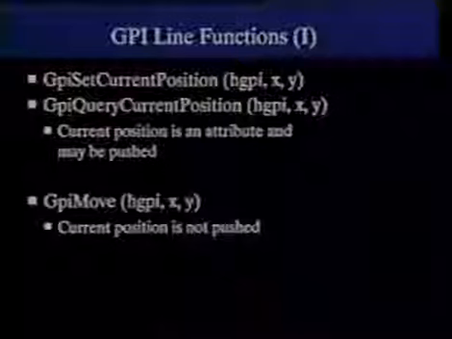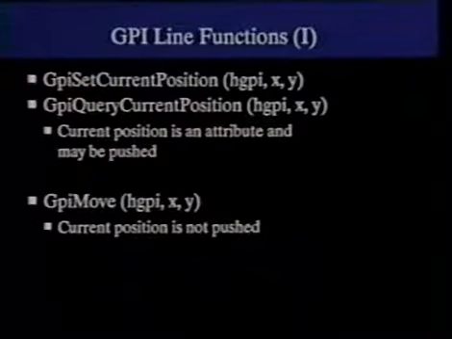Once you set up all the attributes that you want to use to image lines, you can actually begin to perform some line functions. I've included the current position functions here for completeness' sake because they really don't fit anywhere else, and they embody not so much an imaging capacity as the movement of the coordinate current location. You can set the current position and you can find out what it is.